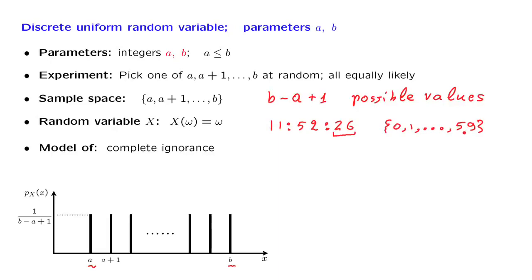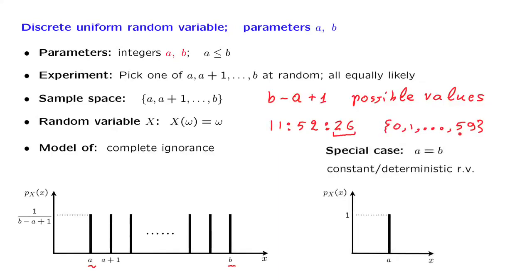One final comment. Let us look at a special case where the beginning and the end point of the range of possible values is the same, which means that our random variable can only take one value, namely that particular number a. In that case, the random variable that we're dealing with is really a constant.